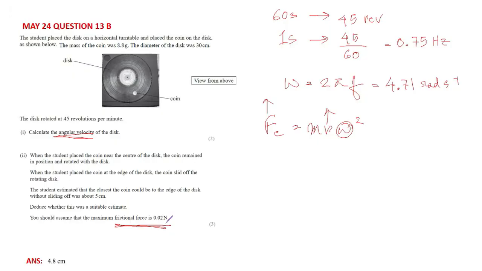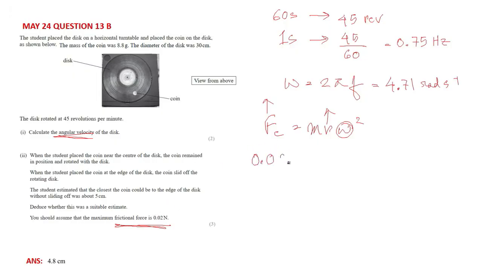So friction cannot provide the necessary amount of centripetal force that is needed to keep this in circular motion, right? So what do you have to do? You just plug in the values. Since frictional force will be providing the necessary centripetal force, the centripetal force corresponding to the maximum friction is 0.02.